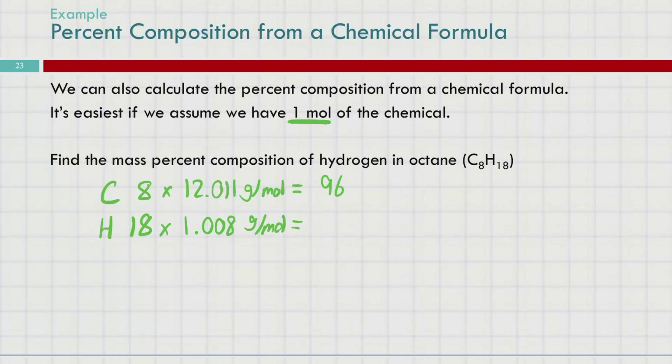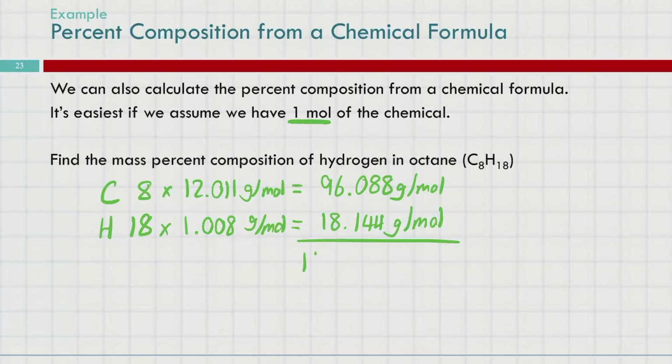So for carbon, it's 96.088 grams per mole. For the hydrogen, 18.144 grams per mole. In total, 114.232 grams per mole for C8H18 octane.